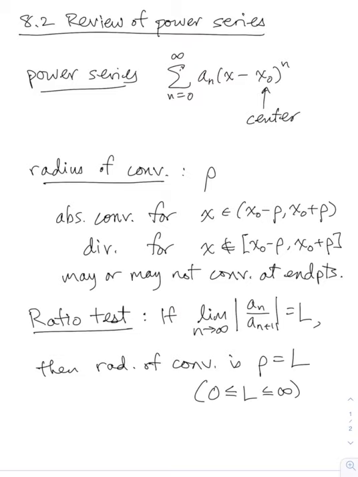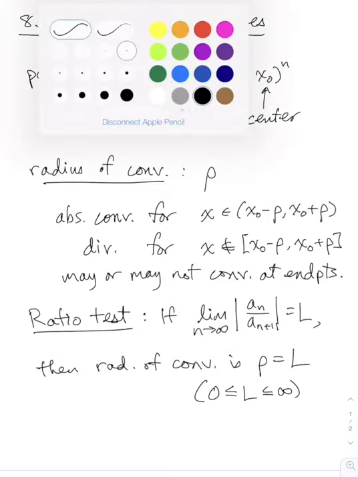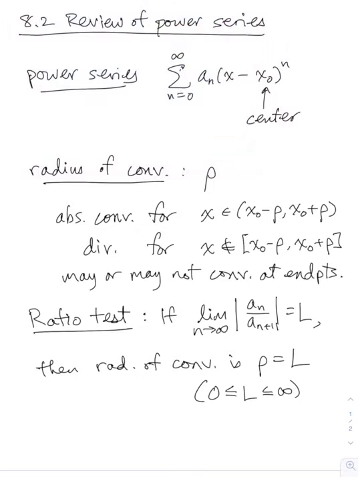Well, you get a0. One way to see that is to write your power series informally as a0 plus a1 (x minus x0) plus a2 (x minus x0) squared, and so on.